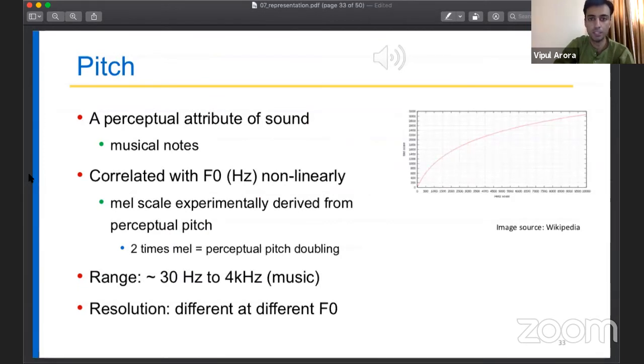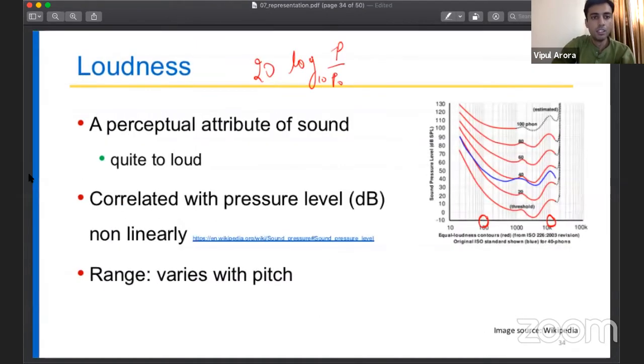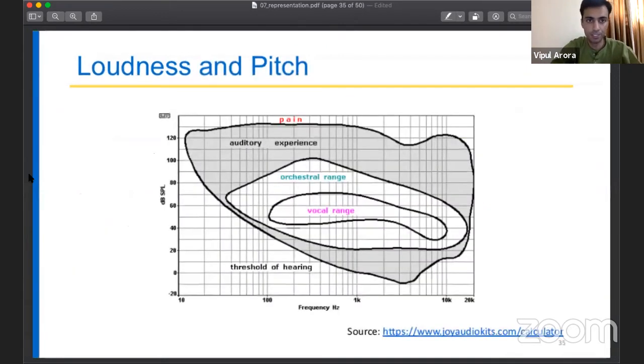Different musical notes have different pitch, and as you have read in previous lessons about f naught, the fundamental frequency, it is basically the repeating pattern. The fundamental repeating pattern gives you the f naught, right? Then loudness. So these are how different perceptual attributes correlate with mathematical attributes. That is what we are doing here.